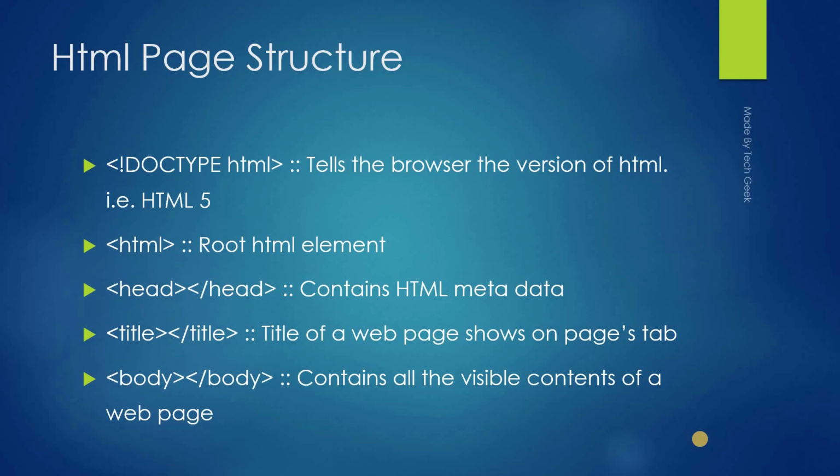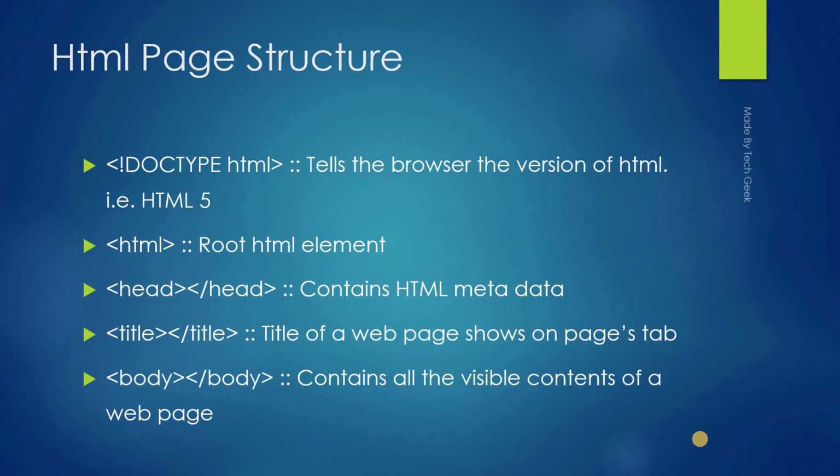In the head tag, the title goes, script goes, noscript goes, links go, styles go. So there are different tags that go in the head element. Although we can use those tags after the body element as well, it is better performance-wise that we use those tags in the head tag.